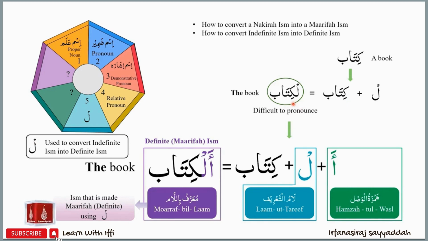And for us to be able to easily pronounce it, we will need the help of a hamza, which is called hamzatul wasl. So hamzatul wasl plus lamut tarif plus the indefinite ism equals the definite marfa ism, in this case the word al-kitab, which is also known as muarraf bil lam.